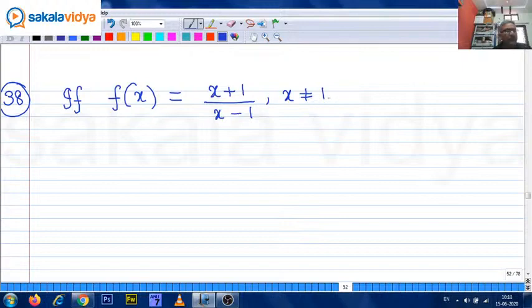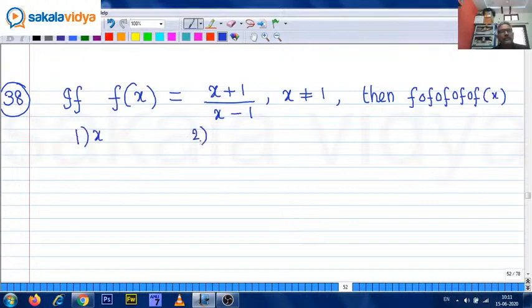Then f circle f circle f circle f circle f, 5 times, of x equals: first option x, second option f of x, third option minus x, fourth option minus f of x.